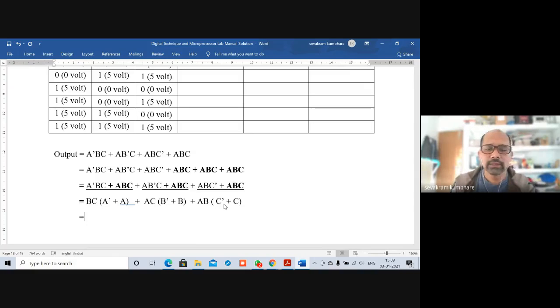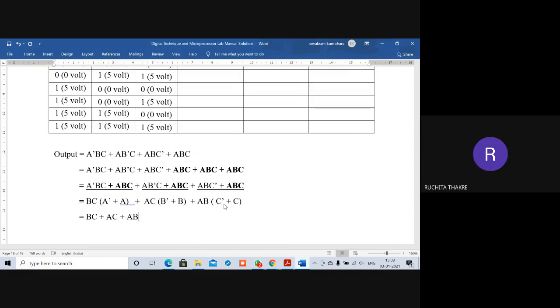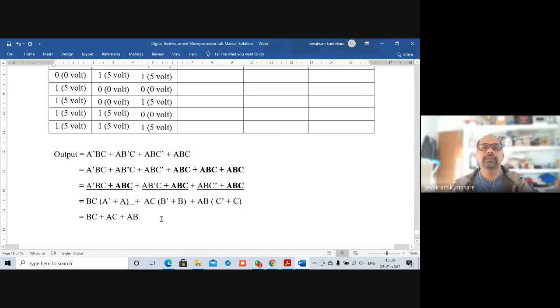And we know that A plus A bar is 1. So that's why we can write this as BC plus AC plus AB. Correct?